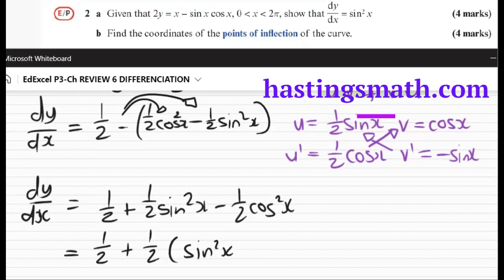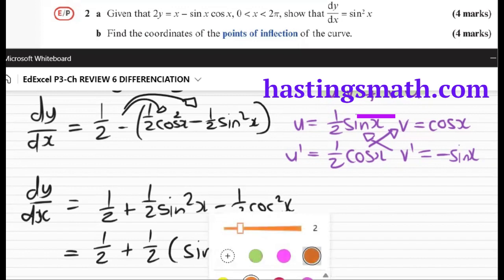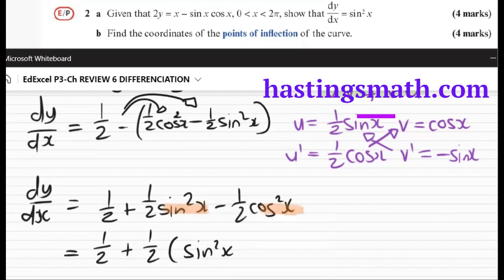So kind of see what I'm doing there is I'm setting it up to kind of get the sine and cos on its own somehow. Let me just check, did I do this correctly?